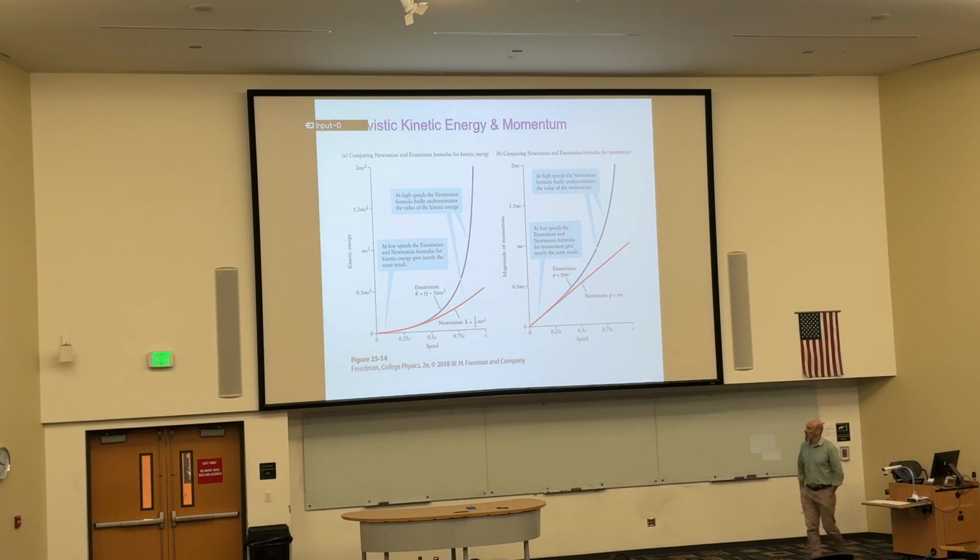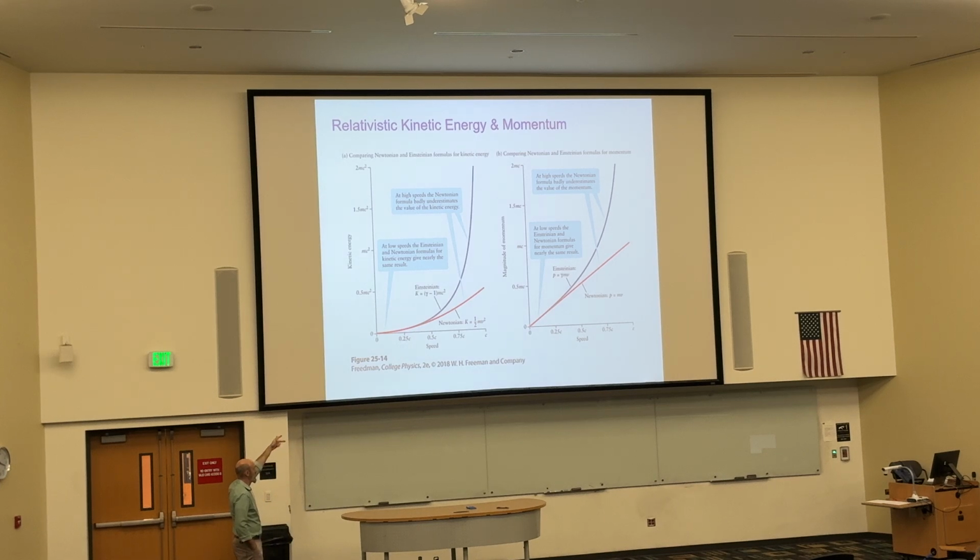Okay, so on these plots, you have Newtonian or classical kinetic energy and Newtonian or classical momentum as the red lines. Okay, so that's how kinetic energy behaves for classical physics. And then the blue lines are how it behaves relativistically, or in the relativistic formulation.